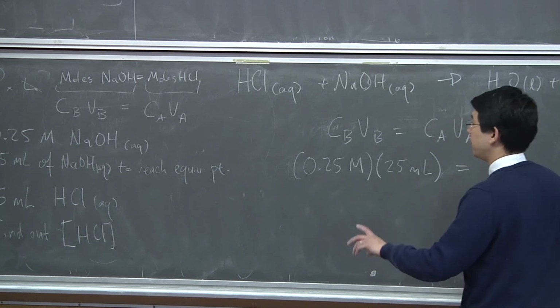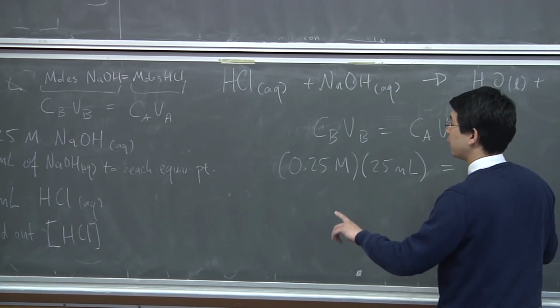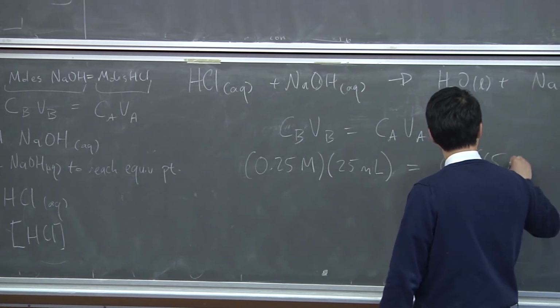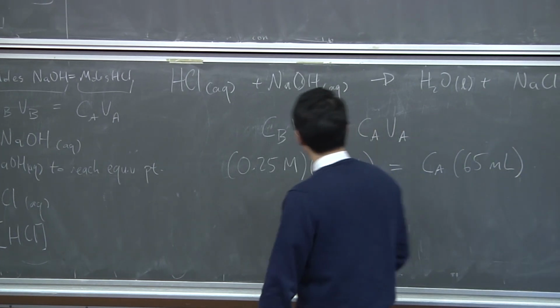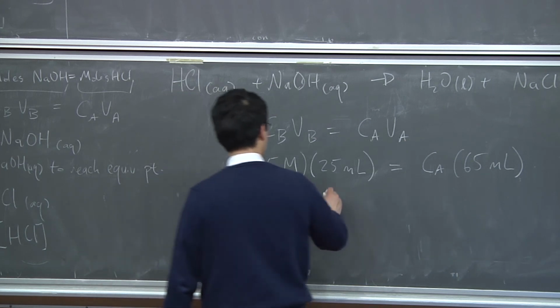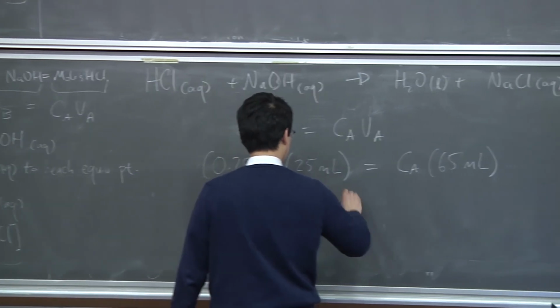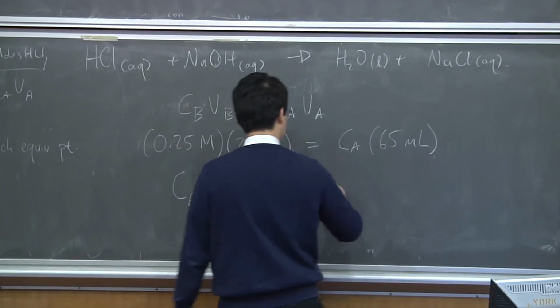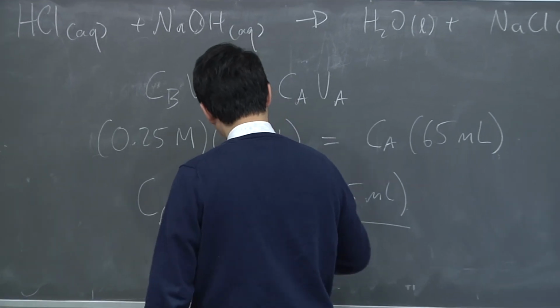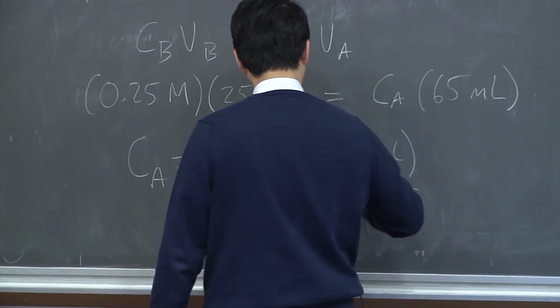The volume of acid is 65 milliliters. So the concentration of acid, which is what we're trying to find, is going to be 0.25 molar times 25 milliliters over 65 milliliters.